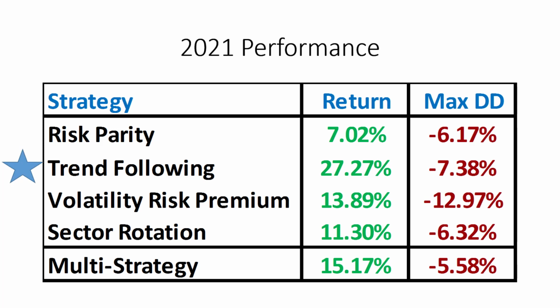Risk parity and sector rotation were dragged down by US Treasuries, while volatility risk premium underperformed towards the end of the year. All in, the multi-strategy approach delivered an overall performance of 15.2% for 2021. This kind of performance is what we would expect in a strong bullish year like 2021.